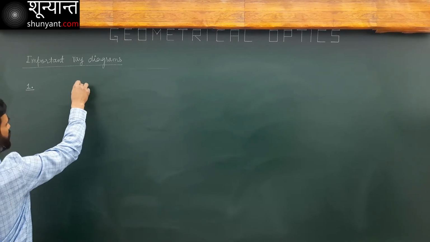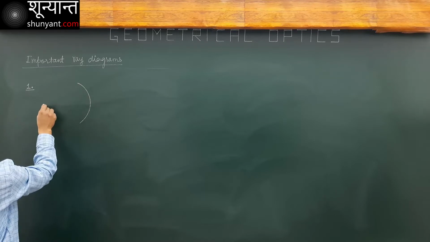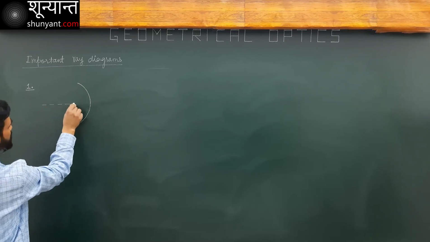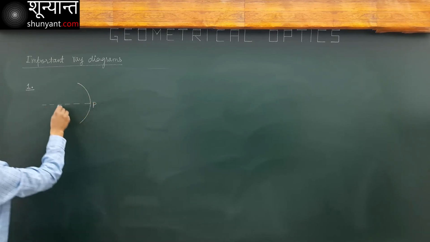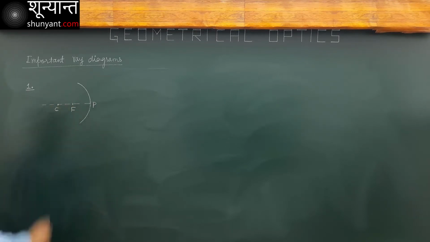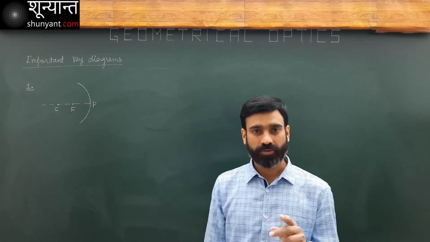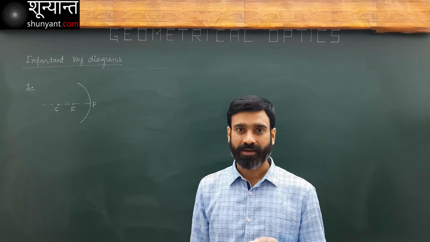I have this concave mirror. This is my principal axis here. This is the pole. This is my center, and this is my focus. One other important thing: we discussed two types of rays, marginal and paraxial.